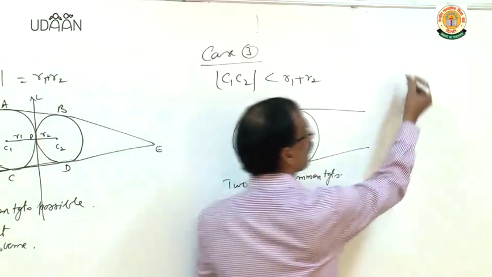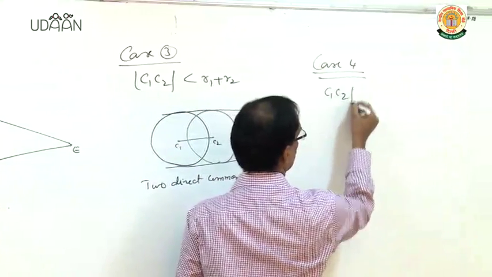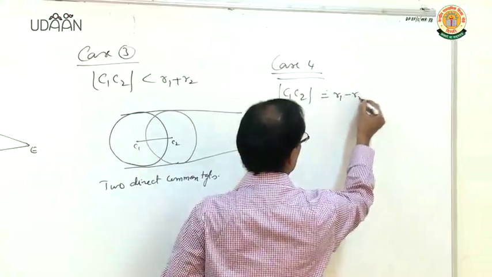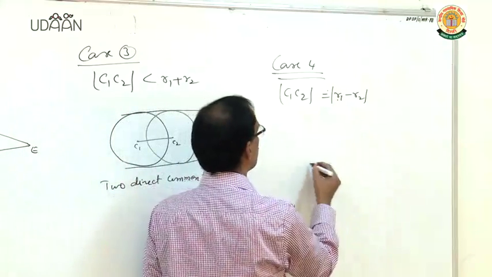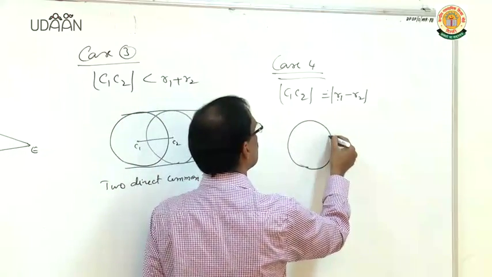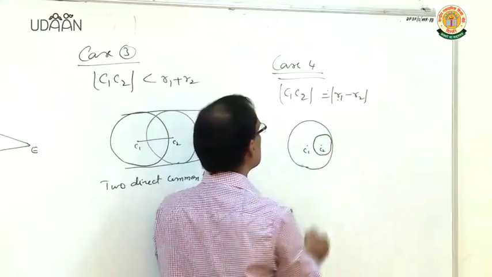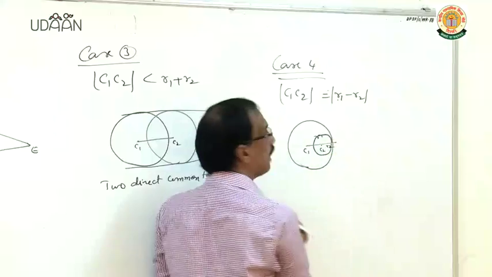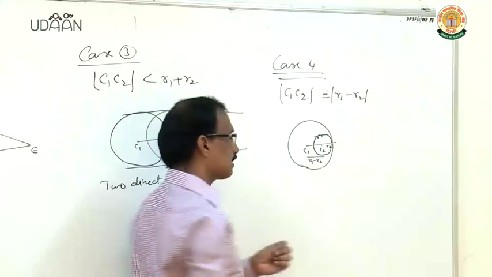Now, case 4. If C1C2 equals R1 minus R2, then in this case, you see this one is R1 and this is R2, so the distance between the centers becomes R1 minus R2.